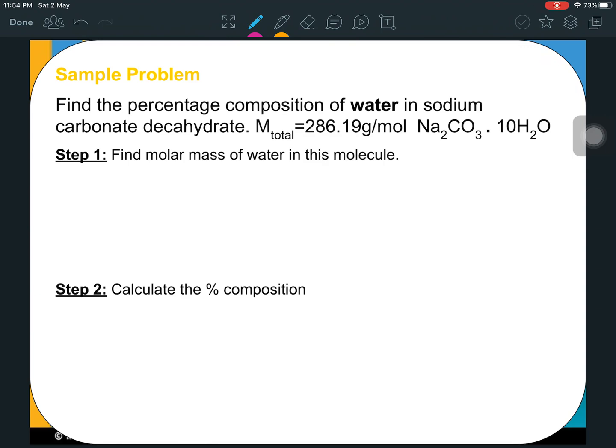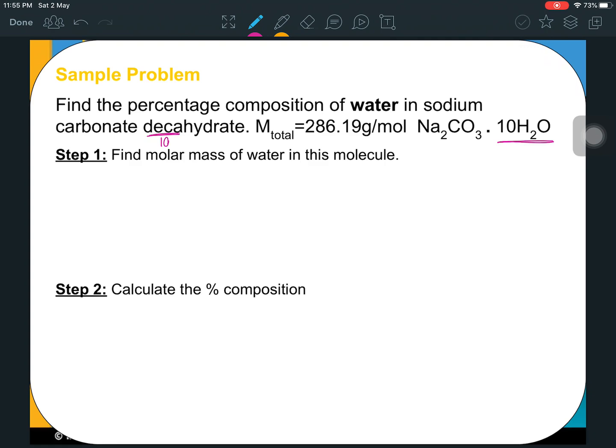If you ever see the word hydrate, that means that there is a water molecule attached to the compound. And when you see decahydrate, you remember mono, di, tri, and so on. Deca means 10. This means that overall, my compound has 10 water molecules that are bound to it, all right?